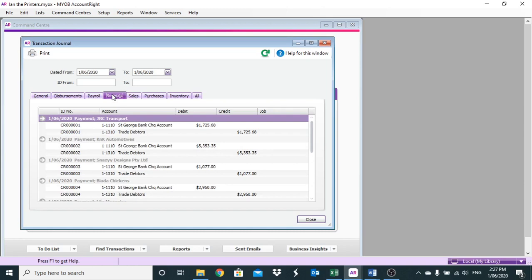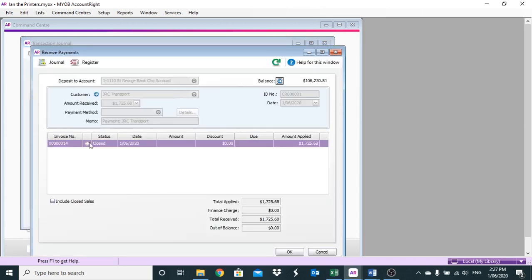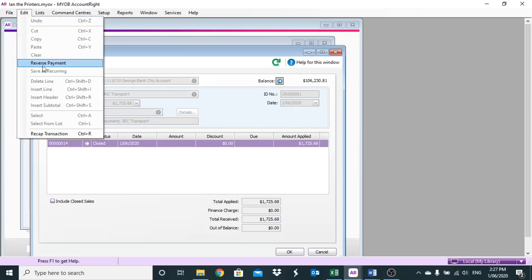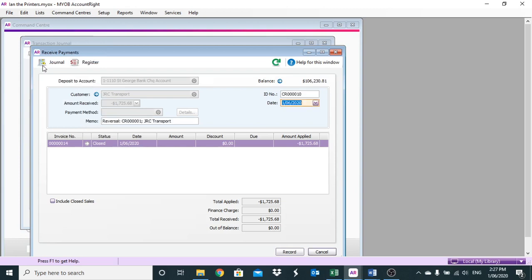So I've gone into here, and I'm looking for that invoice 14 for 17,258.68, which is here. Click on the arrow. Invoice 14, which is correct. Now I'll go to Edit, and I'll go to Reverse Payments over here.